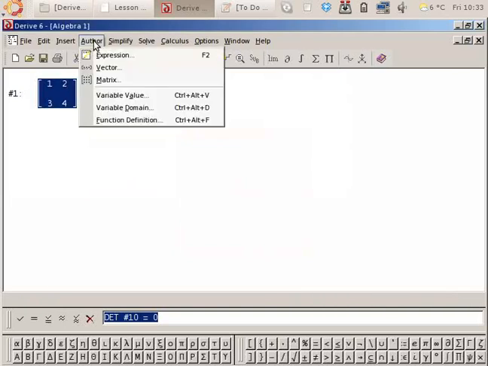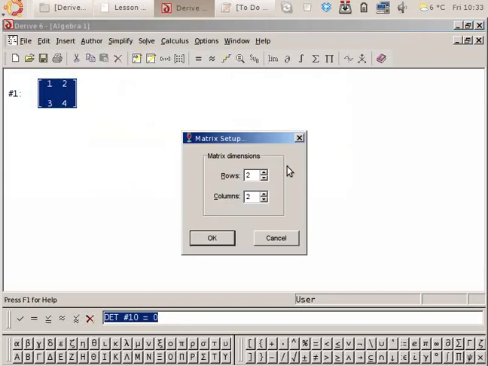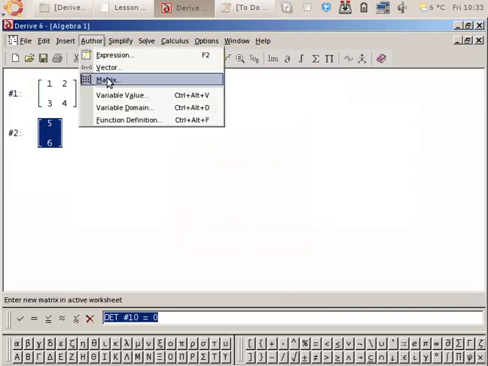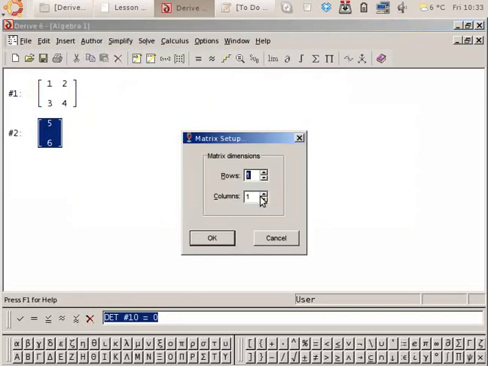Now, the next one I'd like you to type, I want this one here to have 2 rows and 1 column. So it should look like this. So we'll just say 5 and 6. 2 rows and 1 column. And then the last one, 1 row and 2 columns.